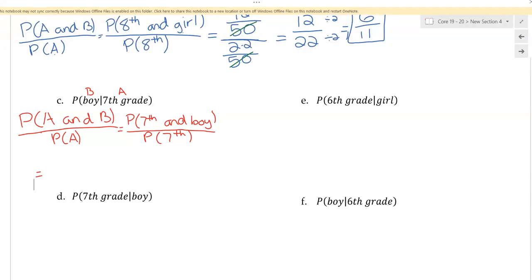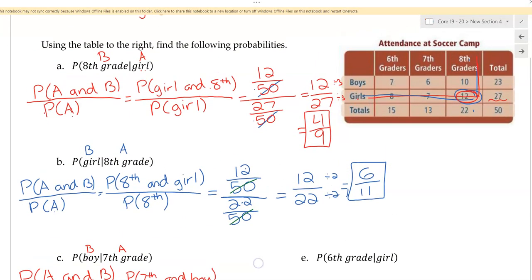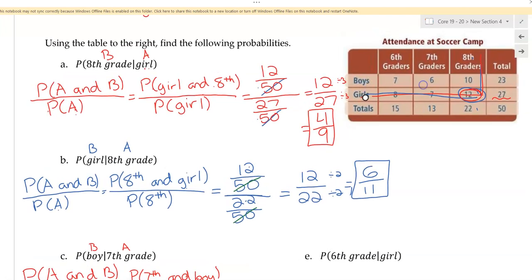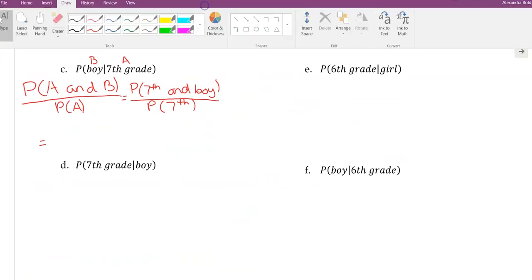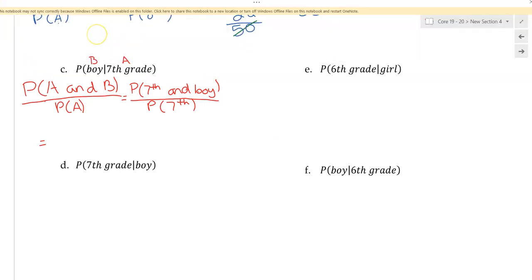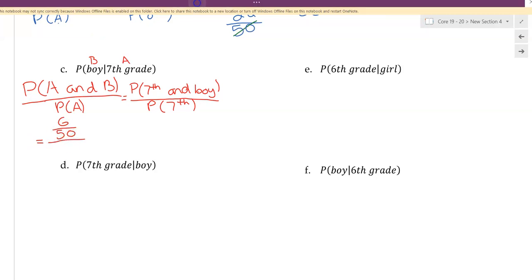Well, our probability of 7th and boy, where boys and 7th cross is 6. So that's going to be 6 out of 50. I'm going to move that up because we have to divide. So 6 out of 50, all over our probability of 7th.